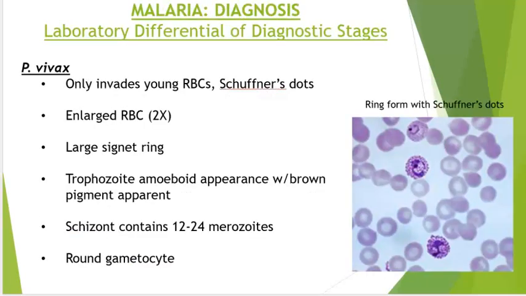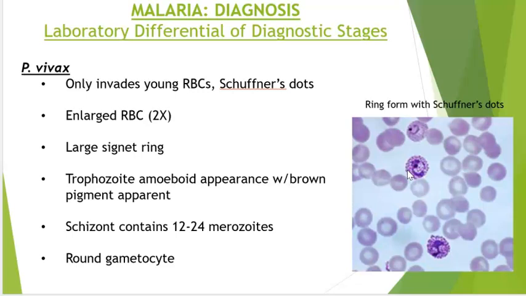For diagnosis of vivax, it's usually going to only invade the younger red blood cells, and you're going to see those Schüffner dots. And if you look over here to the image, you can see all these granules, or these thicker little dots within the cytoplasm. Those are your Schüffner granules or dots.